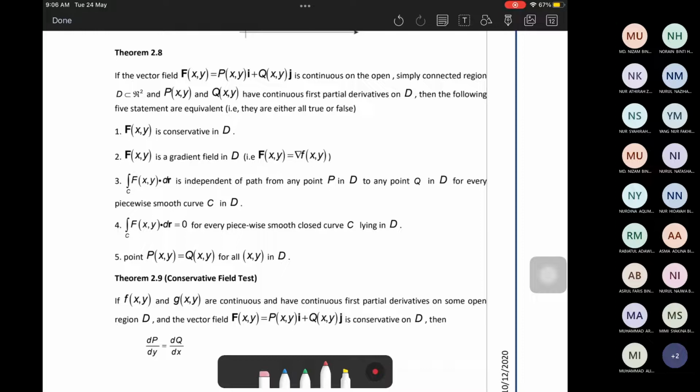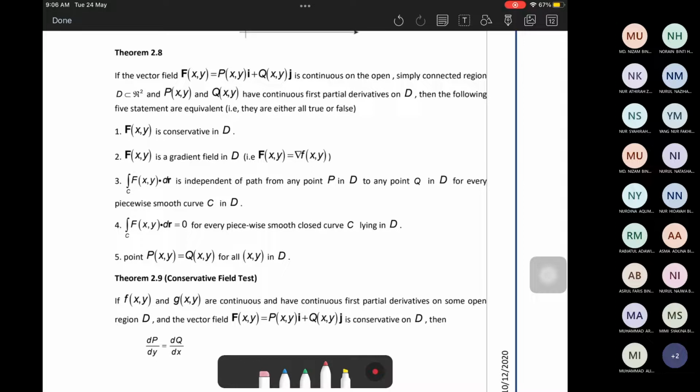Iaitu apabila kita can prove that F is conservative, then the value of line integral or the work done is exactly equal, whatever bentuk curve tu.